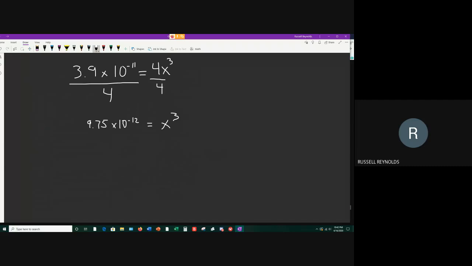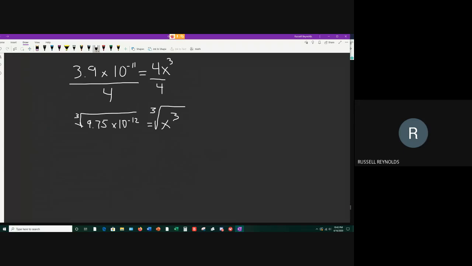How you solve for x is going to depend on the calculator you have. So if you have a pretty decent graphing calculator, like a TI-80 series calculator, you'll be able to easily take the cube root of both sides.